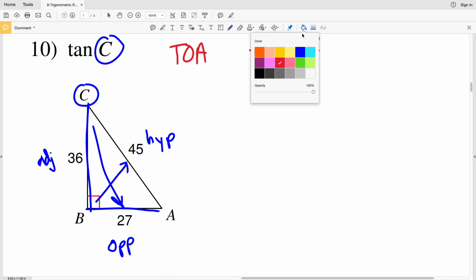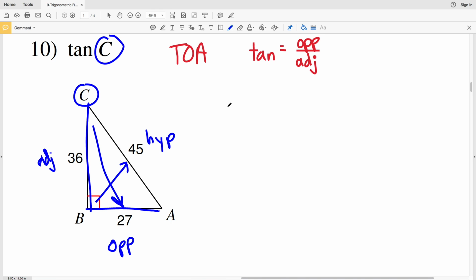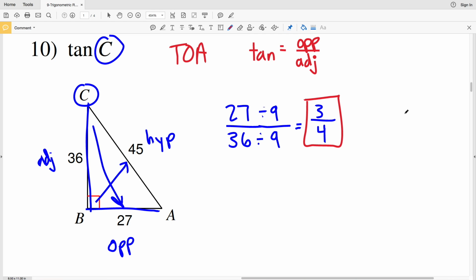So we don't even need the hypotenuse. Opposite side length is 27 over the adjacent side length of 36. Now 27 and 36 are both divisible by 9. So I'm going to simplify this fraction. 27 divided by 9 is 3, and 36 divided by 9 is 4. So the tangent of C is equivalent to 3/4 in number 10.